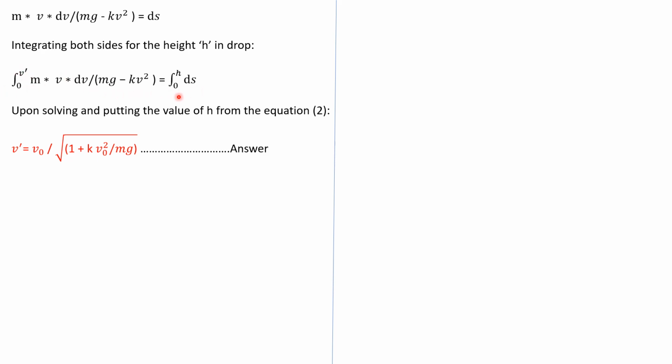We have taken the origin at the top because v is 0 there, the body having come to rest.